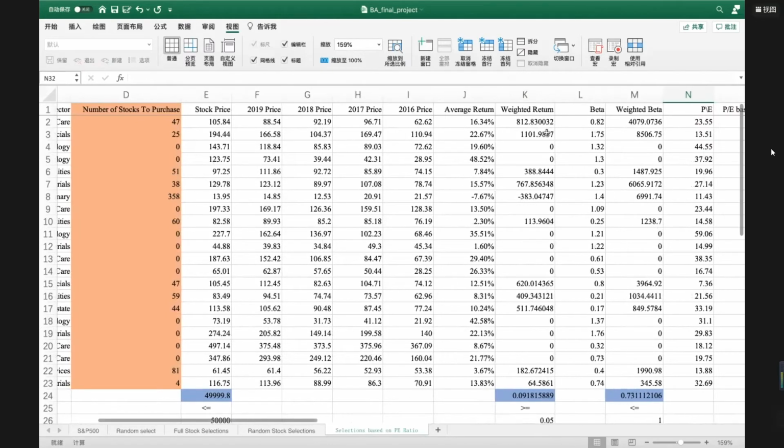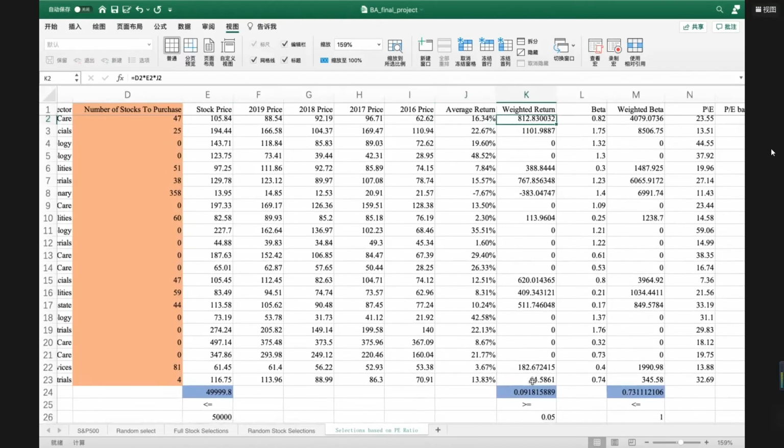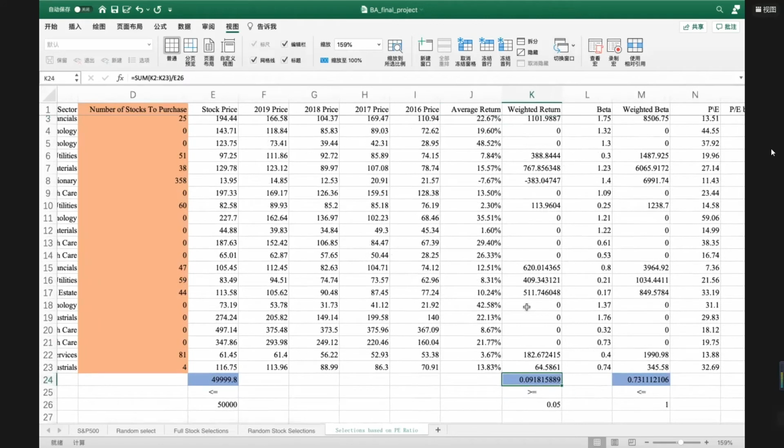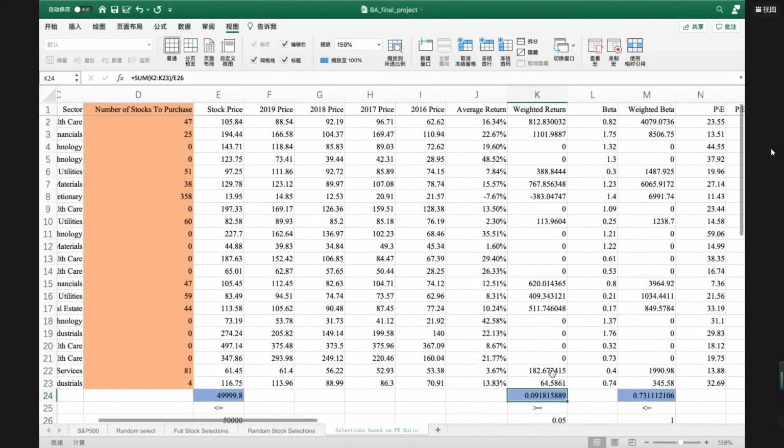And for column K, what we did was we multiplied the number of stocks we're going to purchase and the current stock price and the average return to get a weighted return. Then we sum all the return together to get the total return. And then we divide our total return by the amount we invested to get an average return for our portfolio.